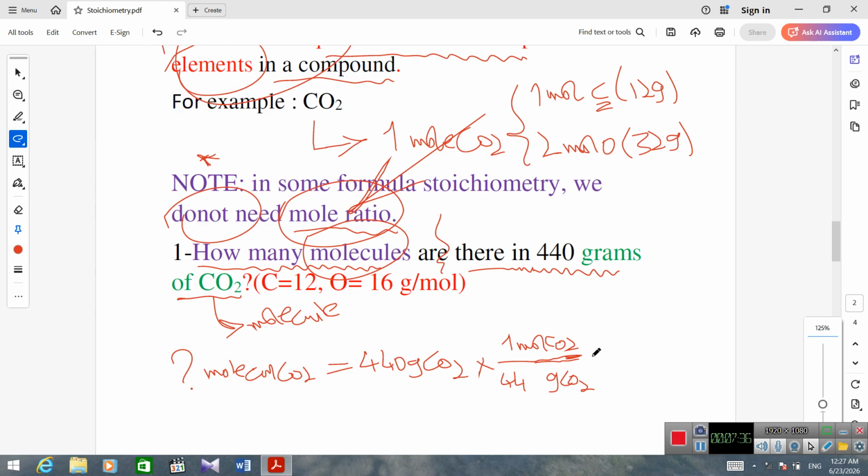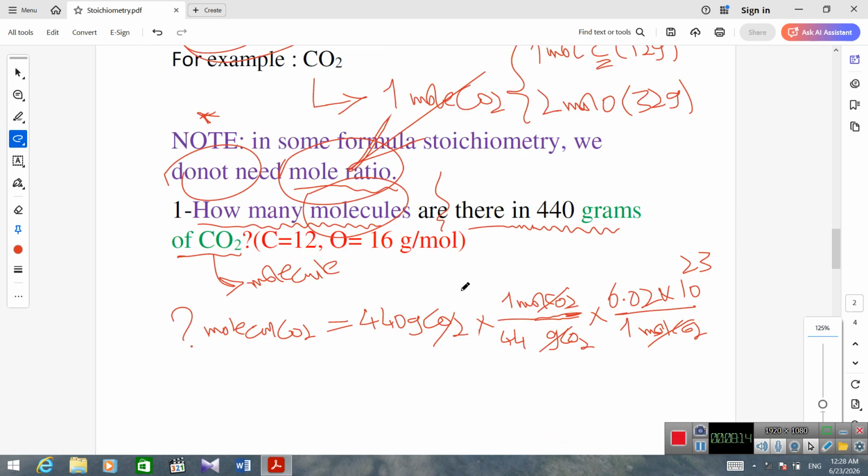And again, moles of CO2. As I said, we must be able to simplify, and 1 mole of CO2 and another substance is Avogadro's number, 6 multiplied by 10 to the power of 23.